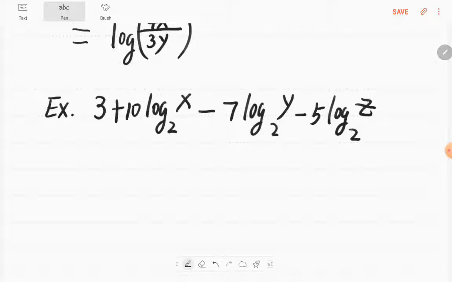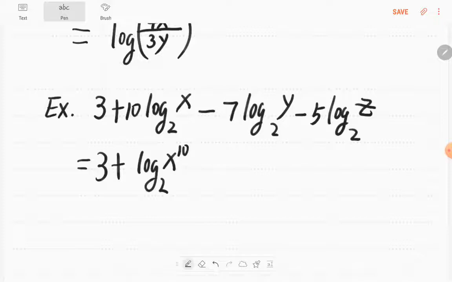Okay, so now if we want to combine these four terms, the first thing is we should keep this one as a log, so we should put 10 inside, so it becomes log base 2 of x to the 10th power.